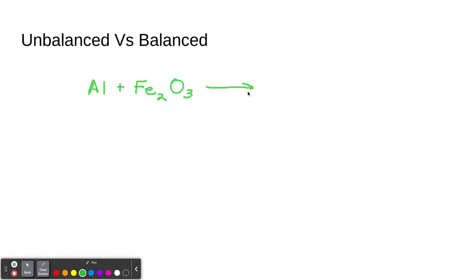It's going to create iron plus 2 aluminums and 3 oxygen. So we said before, over here we have 1 aluminum, but over here we have 2 aluminum.